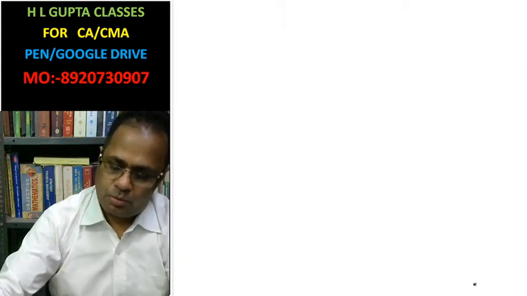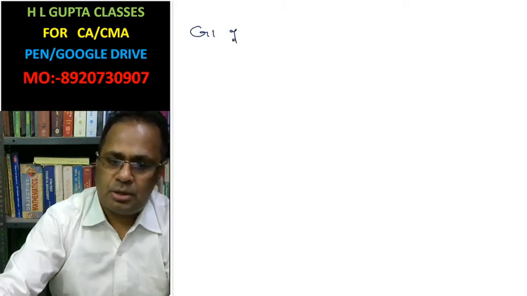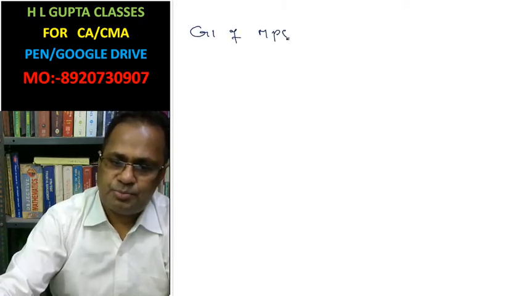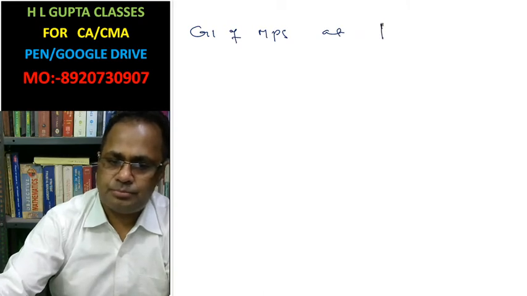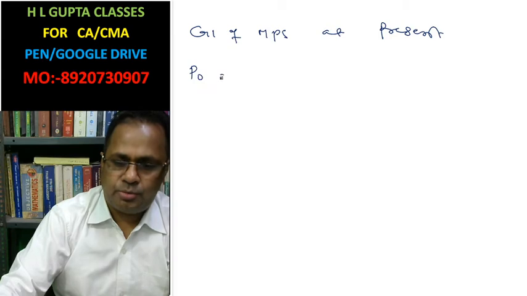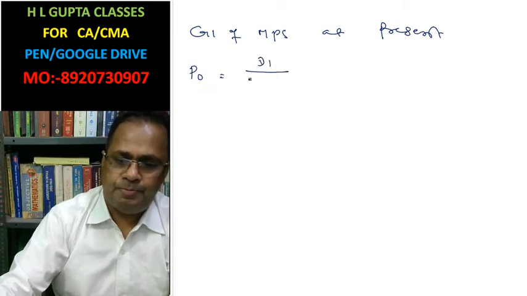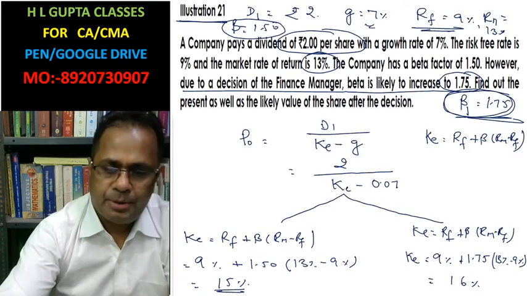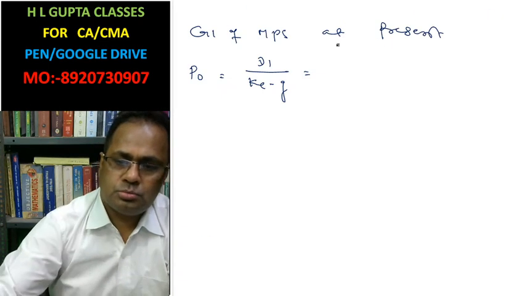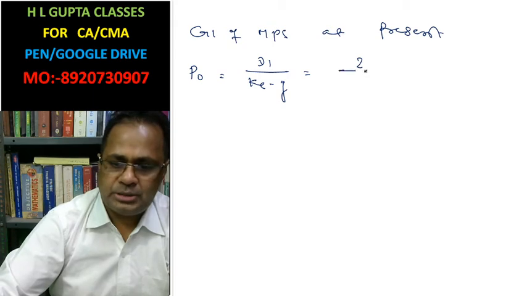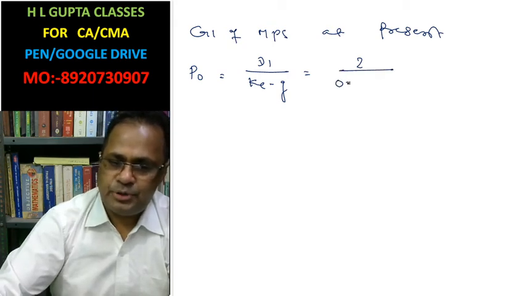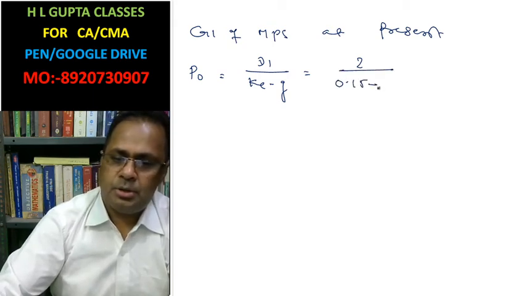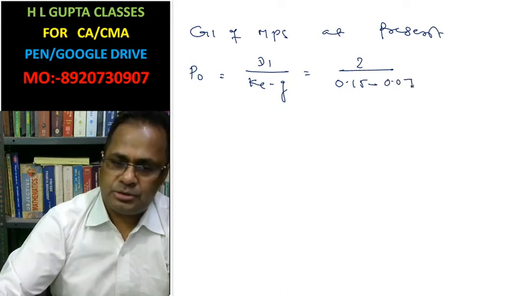Now the calculation of market price per share at present. P0 equals D1 divided by KE minus G. D1 we already have, 2 rupees, divided by 0.15 minus 0.07.